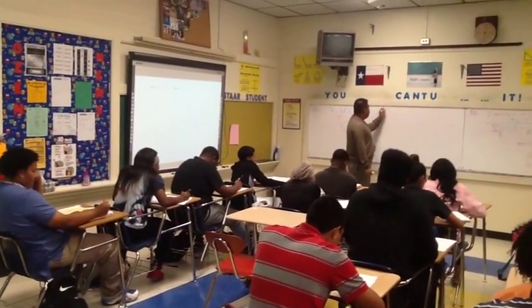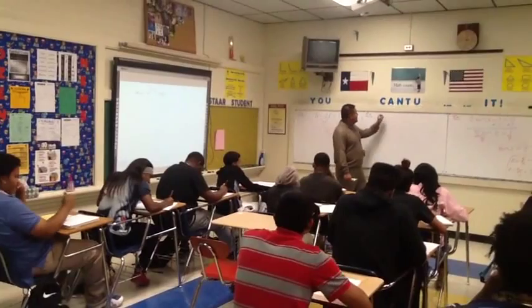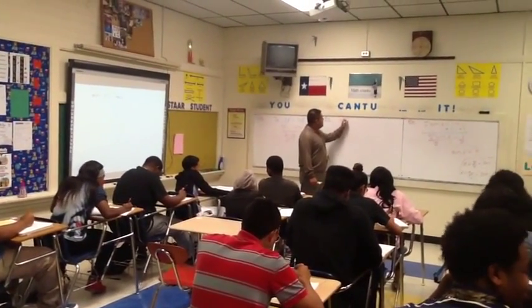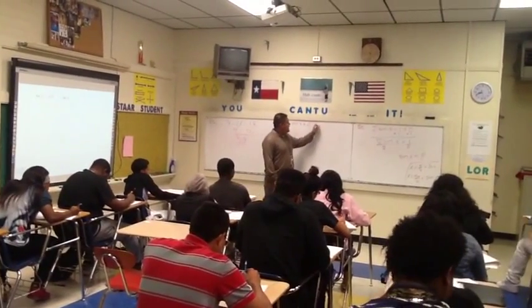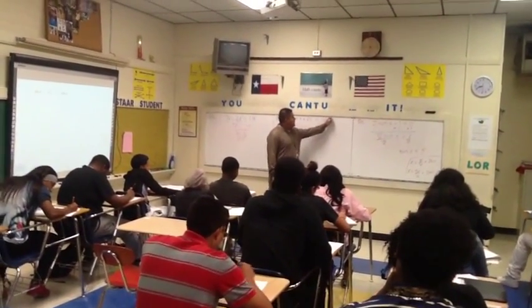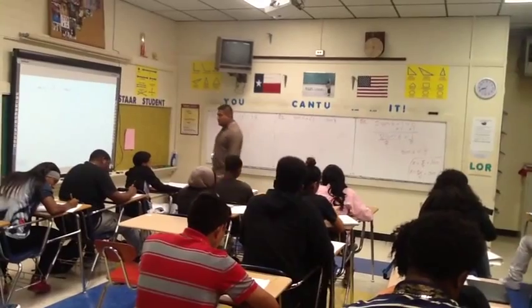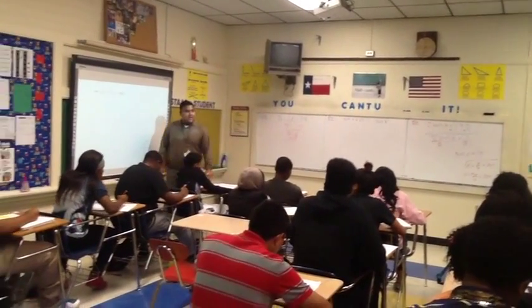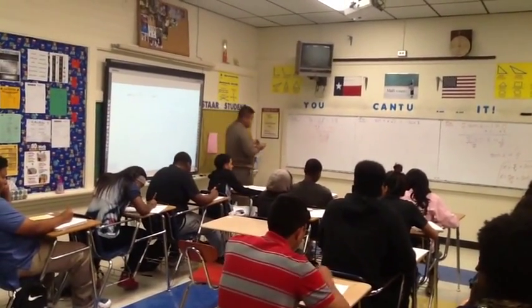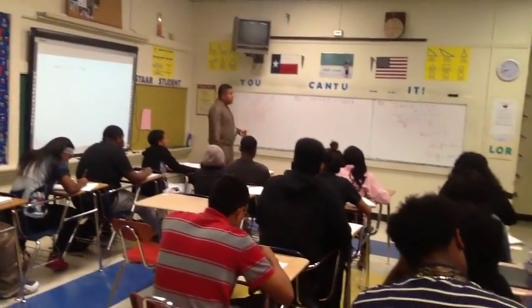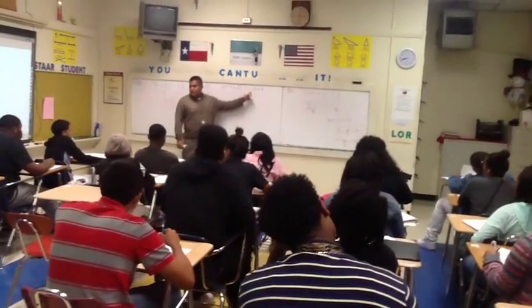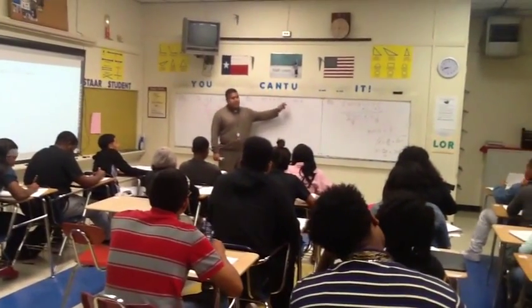Alright, so example. And we have sine of x plus radical 2 is equal to negative sine of x. We have to collect like terms like in algebra. So Mr. Avalos, what's the first thing I should do? Okay, so I need to get rid of this one, so what do I need to do? Add.